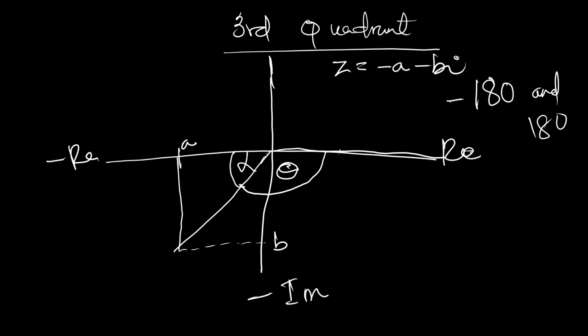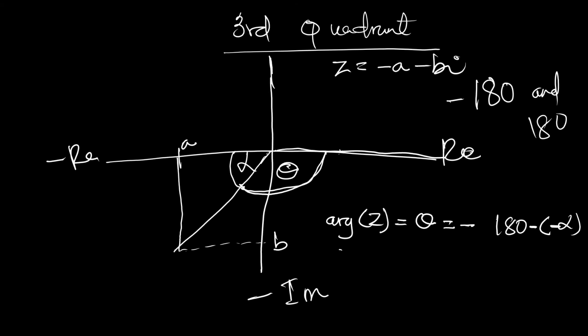So here, you can say the argument of z, which equals theta, this is the principal value of the argument, is going to be equal to negative 180 minus negative alpha.